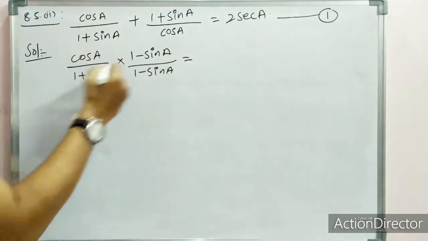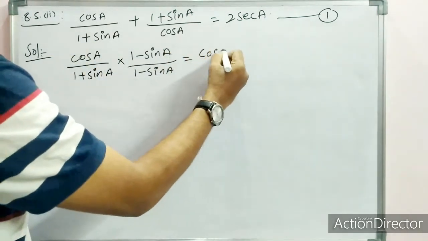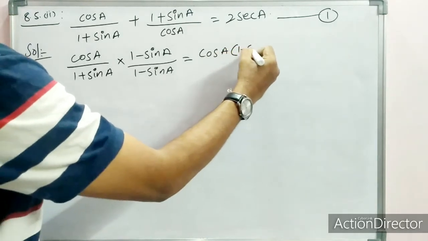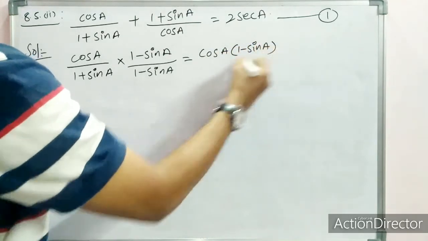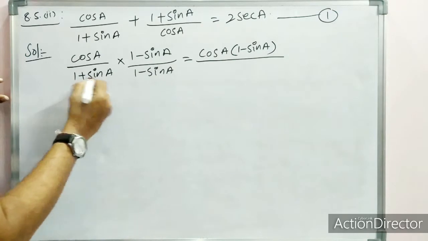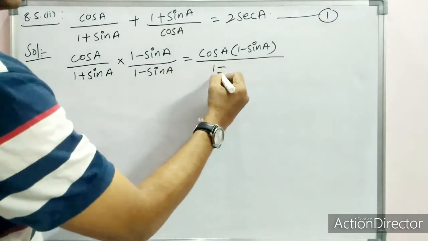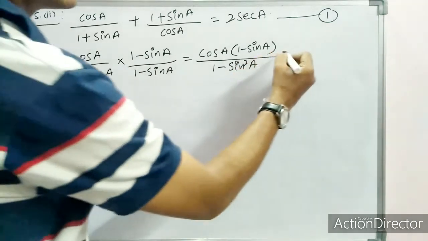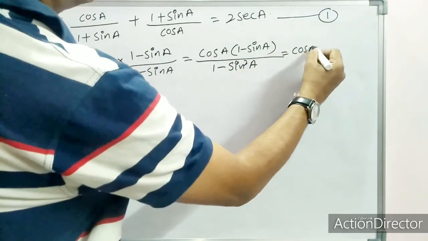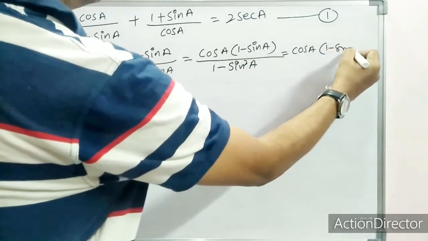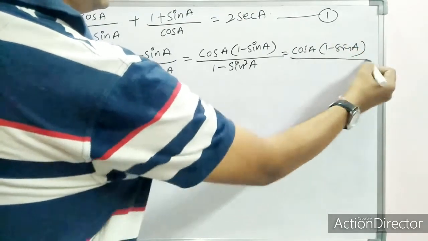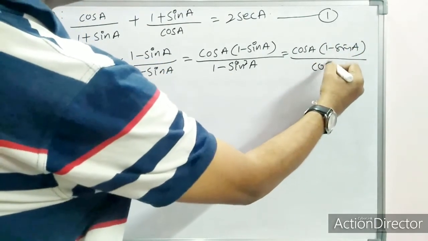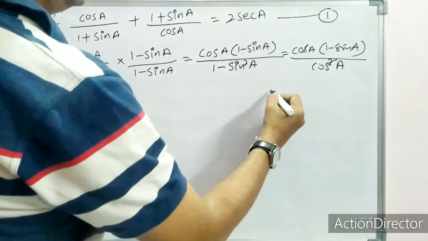So that you see this value will become cos A (1 minus sin A) by (a plus b) into (a minus b), which is a square, that is 1 minus sin square A. So 1 minus sin square A is nothing but cos square A. So one cos will be deleted.